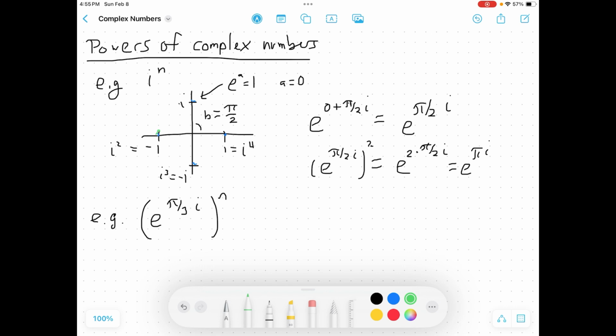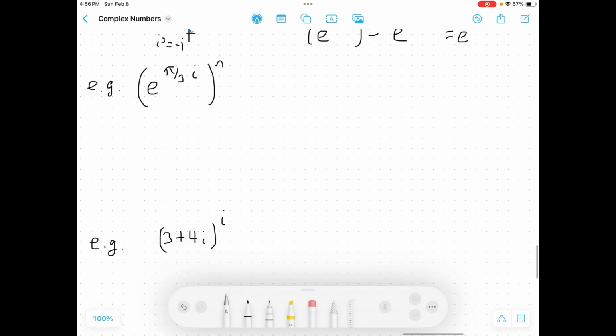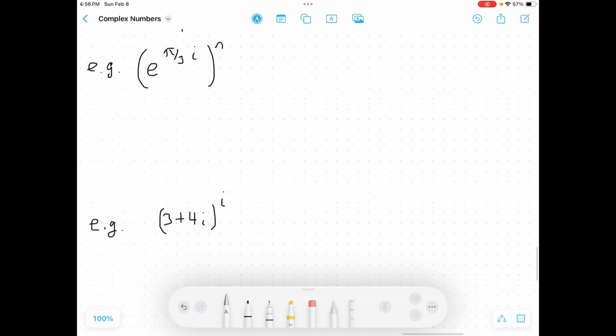So this exponential form tells us a lot. In particular, raising numbers to powers, we've got something interesting going on with this rotation here. Let's see if we can illustrate this with one more example before declaring anything definitively. e to the pi over 3 i to the n.